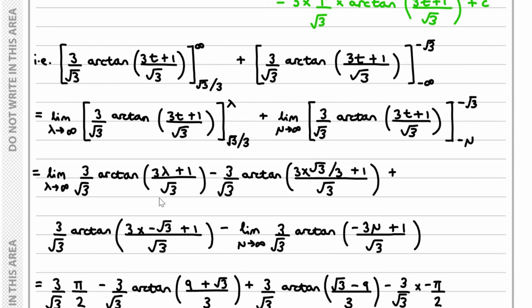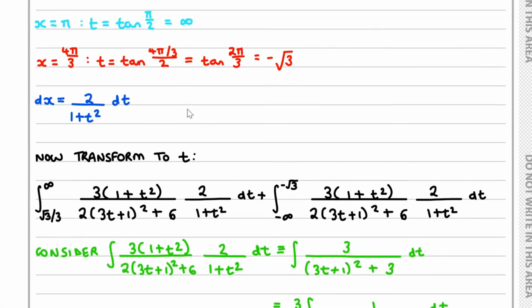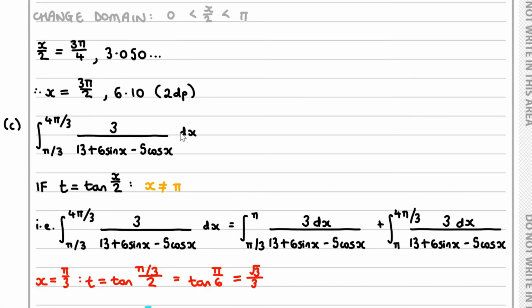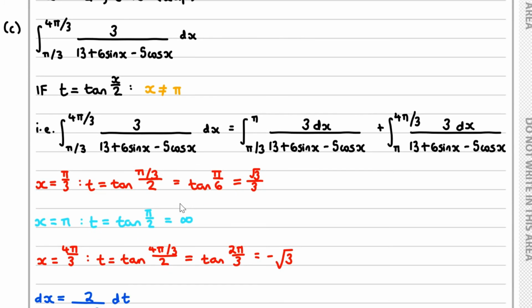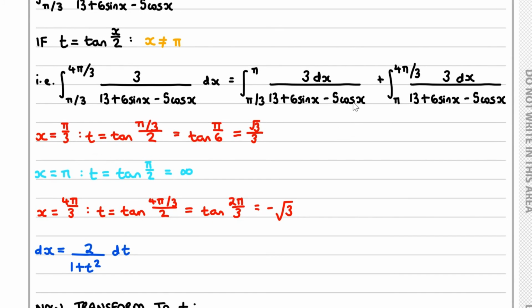It's quite difficult to spot what was going on, but just to summarize, we first of all needed to transform the integral here in terms of t. We also needed to recognize that we'd have an asymptote when x is equal to pi if t is equal to tan of x upon 2. And because of that, we had to split this integral up into two separate parts with our limits. And then once we transform to t, well, we change the x limits into t limits.